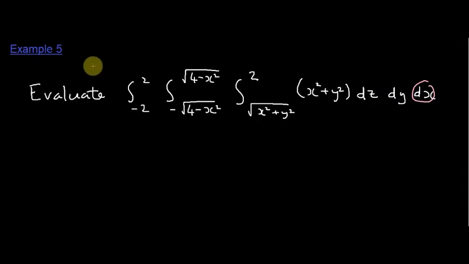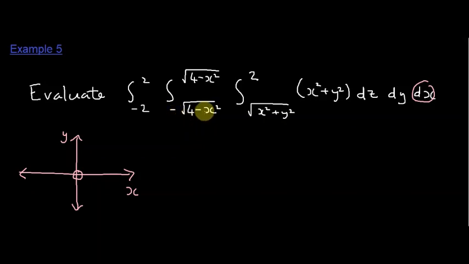Let's look at the last example on cylindrical coordinates. We are given this triple integral in rectangular coordinates. Now, we're first going to look at the xy plane. The region in the xy plane is clearly given by the first two integrals. X goes from -2 to 2.